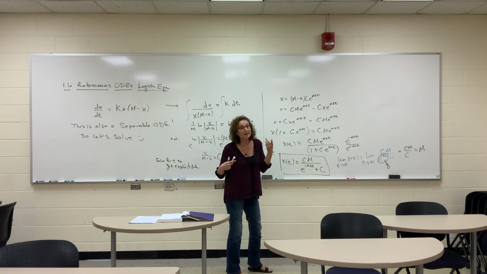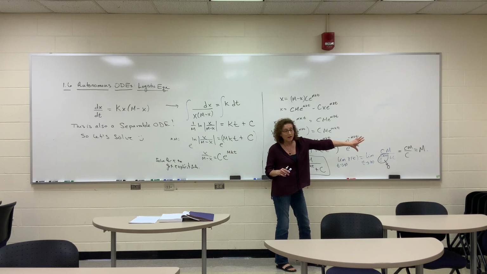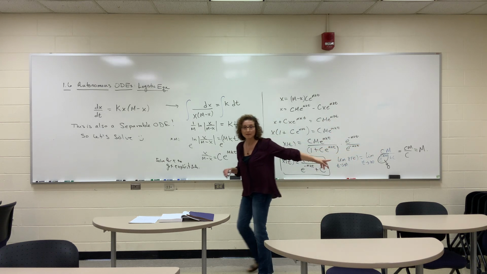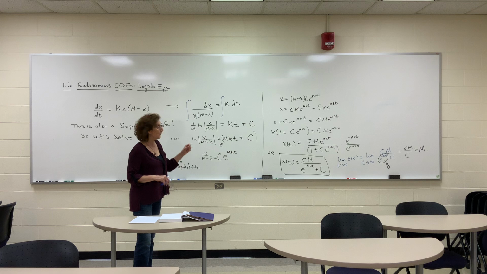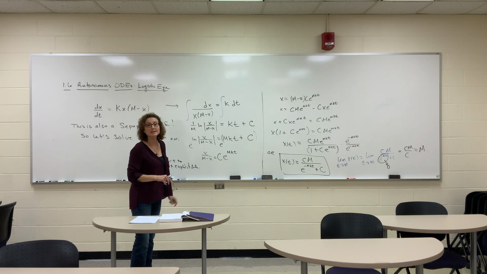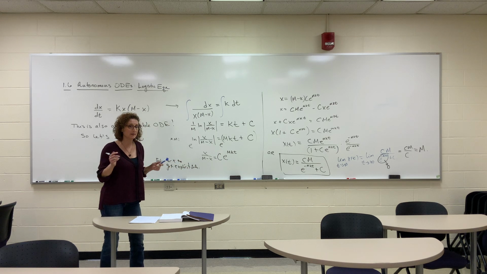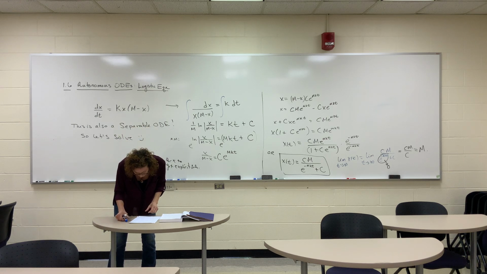But if you're only interested in the limiting value of the solution, what happens for a long time, then that would have been a ton of work to go through to discover that asymptotically what happens is that the populations go to M. We had that in 3 minutes, maybe more, on our little phase diagram at the very beginning. So there's a place for all of these different types of analyses and utilities with all differential equations, right?